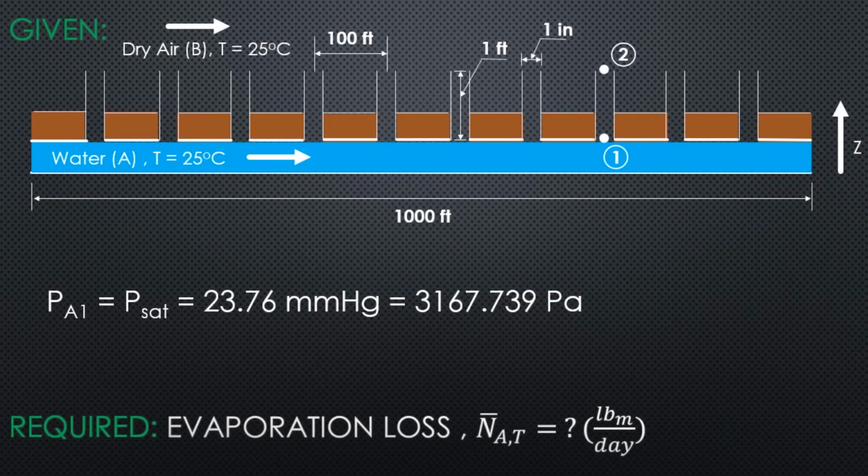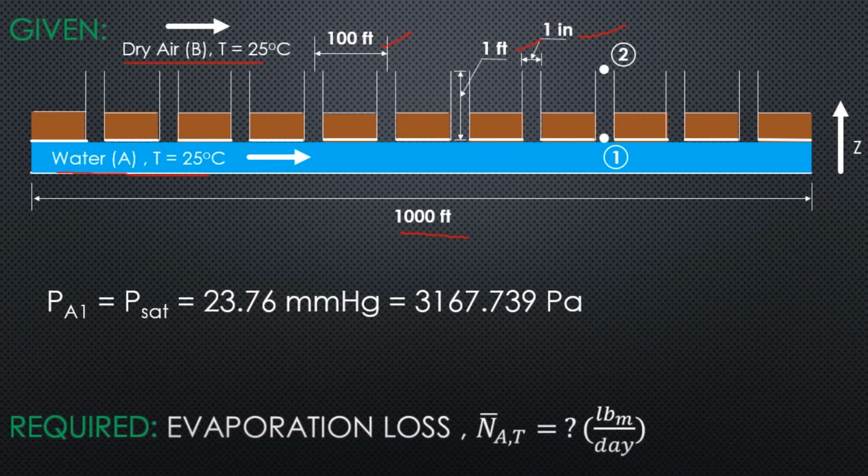In this problem, we are given that water, denoted as A, at 25 degrees Celsius flows along a ditch 1,000 feet long. Along the ditch are 10 vents spaced evenly at 100 feet. Each of the vents are 1 foot long with an internal diameter of 1 inch. We have dry air, denoted as B, outside the vents at 25 degrees Celsius.